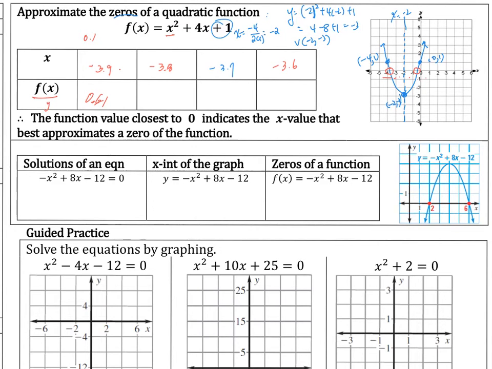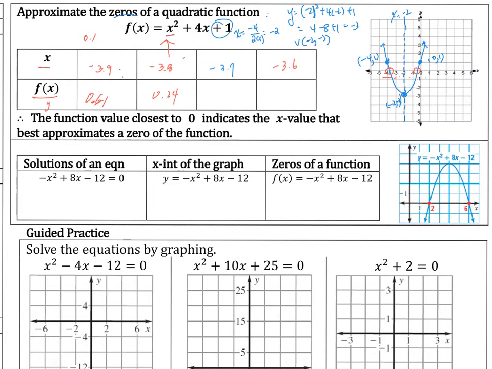Now I cannot just conclude that my zero will be at -3.9. I need to find the x value where the function value is closest to 0, so that I get a good approximation of x. So when I substitute -3.8 in for x, I should get about 0.24.